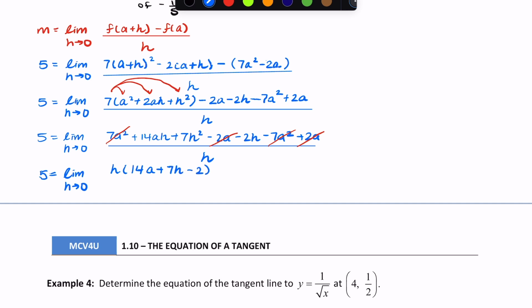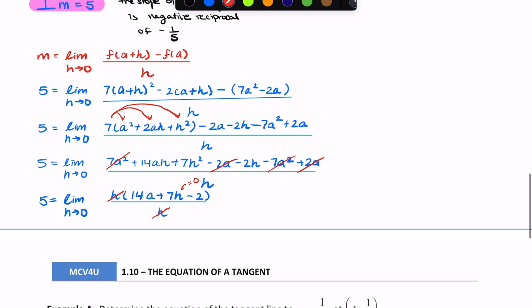And we'll divide that by h. Here we see that h can cancel out. And here, if we sub in h is equal to 0, then we'll be left with 14a minus 2 is equal to 5.